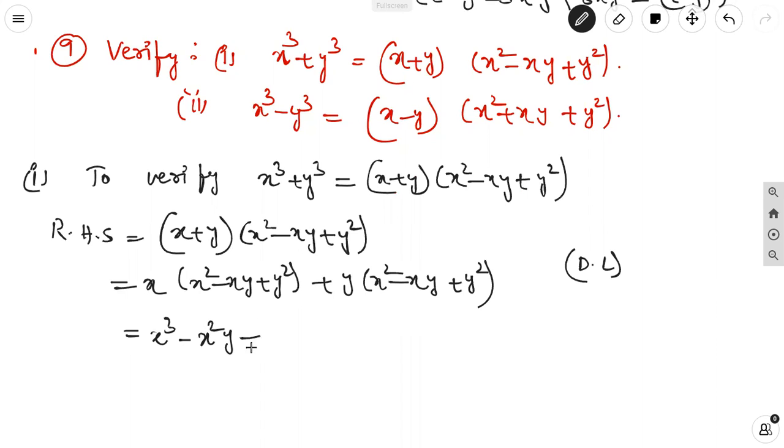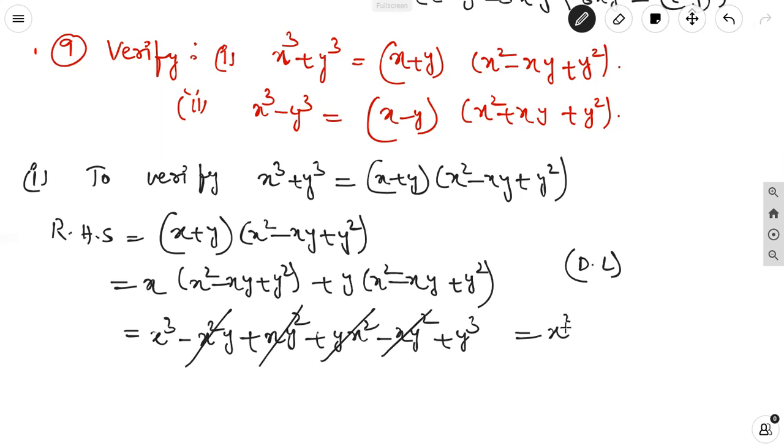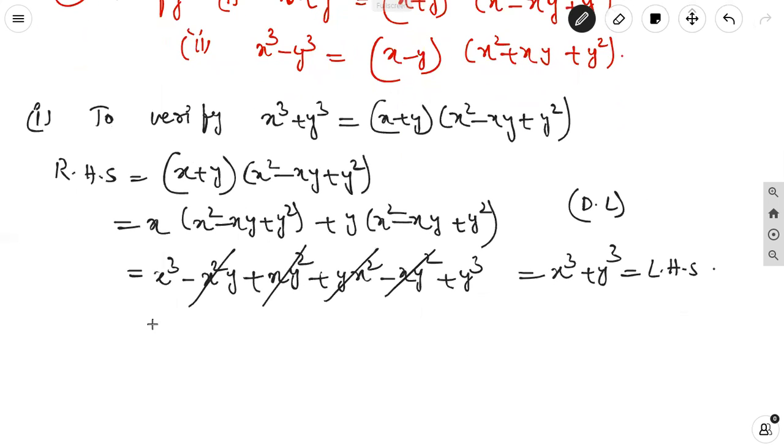Next plus into plus is plus xy square, plus into plus plus yx square, plus into minus minus xy square, plus into plus plus y into y square is y cube. Now here observe minus x square y plus x square y plus xy square minus xy square. It is equal to x cube plus y cube. This is equal to left hand side terms. So it's verified. RHS is equal to LHS.